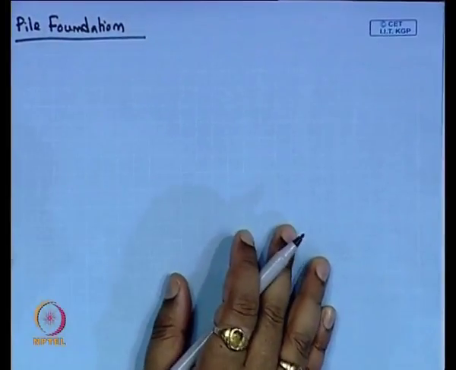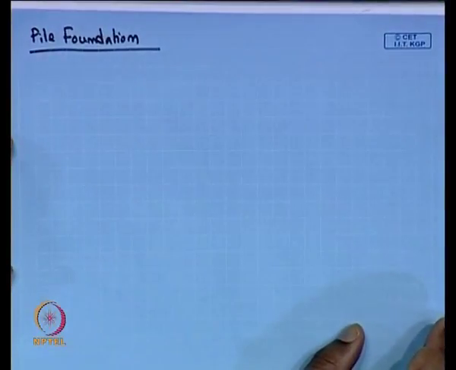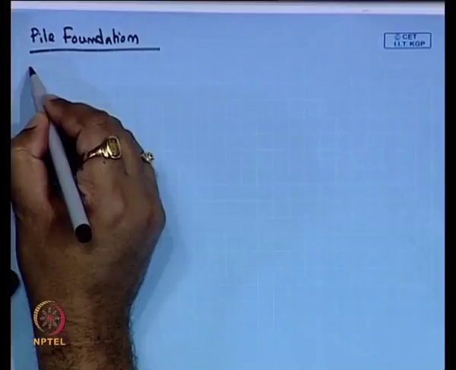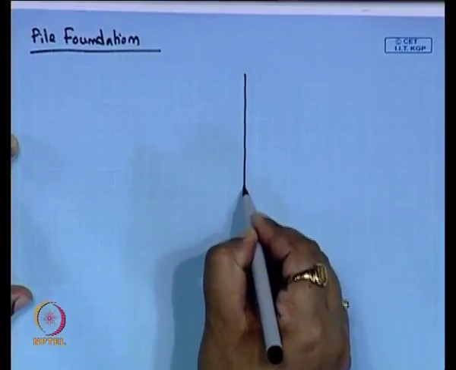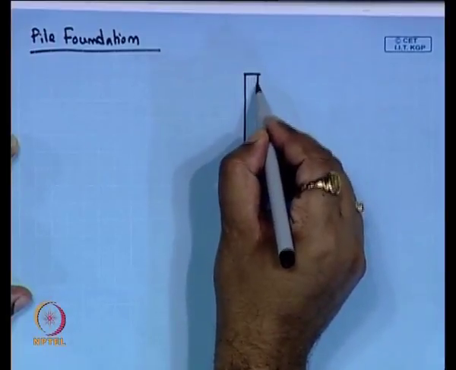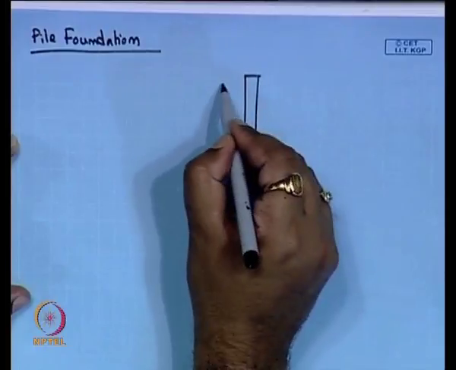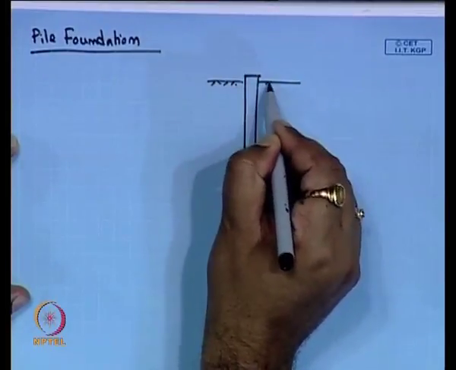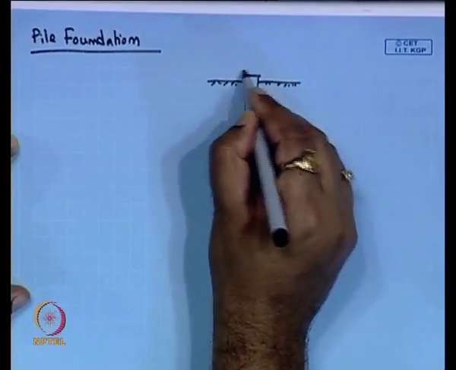So, in this deep foundation, first we explain the pile foundation. Now, we can draw a typical pile. This is the ground surface, and here we can provide the pile cap.